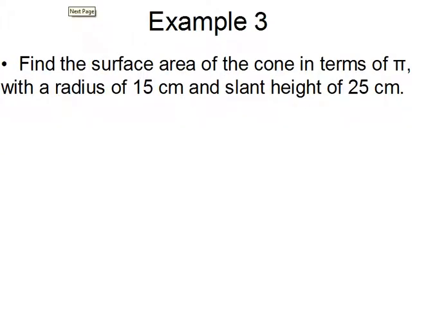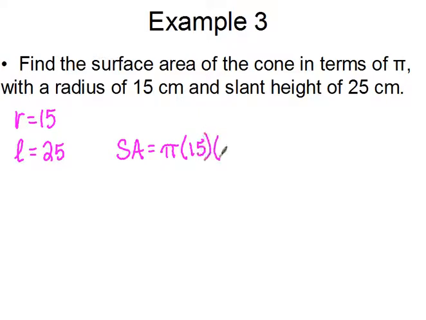Alright, so for this cone, it tells you a radius of 15, slant height of 25. Alright, so surface area equals pi times r times L plus pi radius squared. Now you should be able to type this all in the calculator all at once. So we'll do pi times 15 times 25 plus pi times 15 squared.